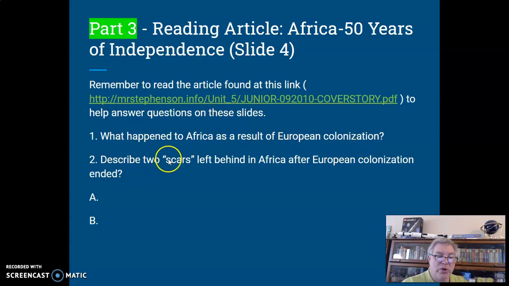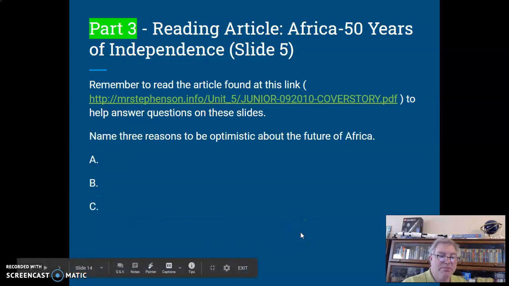Then describe 2 scars left behind in Africa after European colonization ended. What are 2 things that happened as a result? And finally, the last bit is 3 reasons to be optimistic about the future of Africa. Why would people be thinking that there is hope for Africa? There are some things that you can answer there.